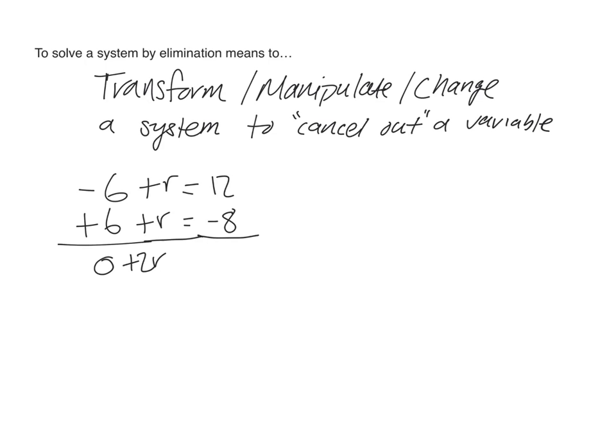And 12 plus a -8 is going to be 4. Do I need to write that 0 there? No, not really. So if I were to solve for R, I divide both sides by 2, then I get R equals 2. And I found my solution. I found what R equals.